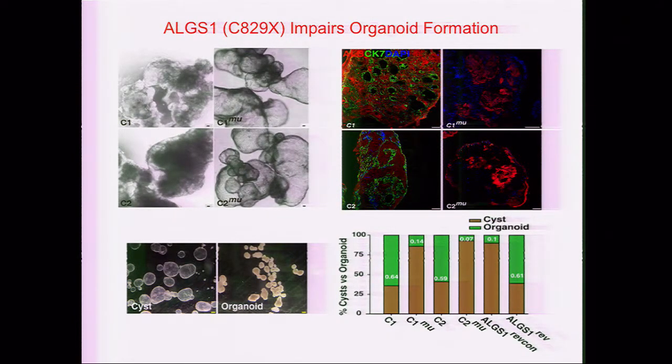And what you can do is quantitate that. Control 1 and Control 2 are two different people, different genetic backgrounds, but they have intact JAG1, and then C1 mu and C2 mu have the Alagille change. And if you look, the vast majority of cells in C1 go to form these organoids.